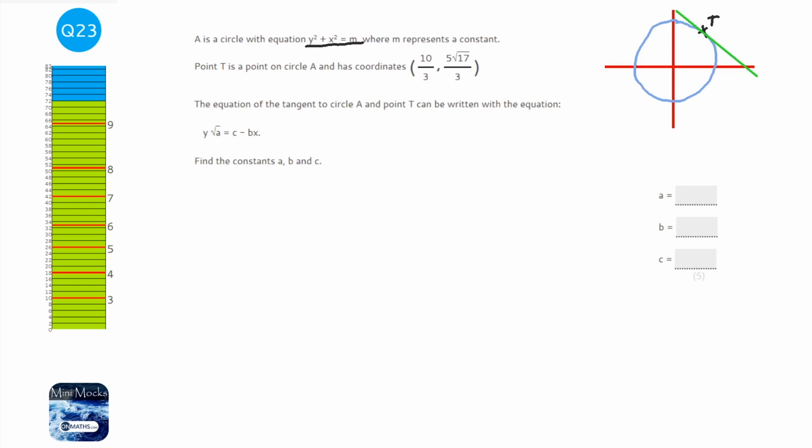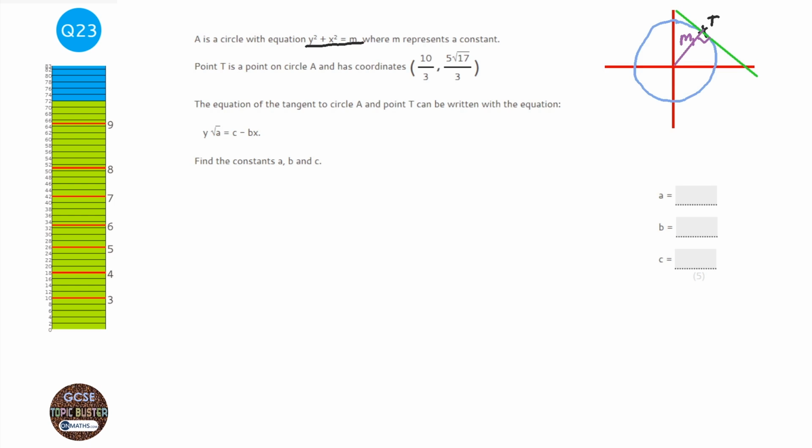But something that will help us is to understand that a tangent and a radius hit each other at 90 degrees. So if I draw on the radius, which we know starts at the centre, we know that that bit there is going to be 90 degrees. So first thing we're going to do is work out the gradient of, we're going to call this M1, the gradient of this radius.